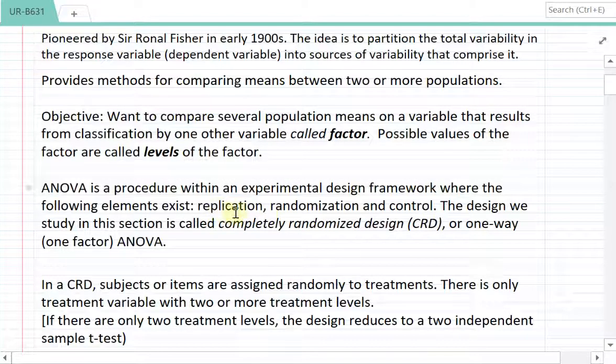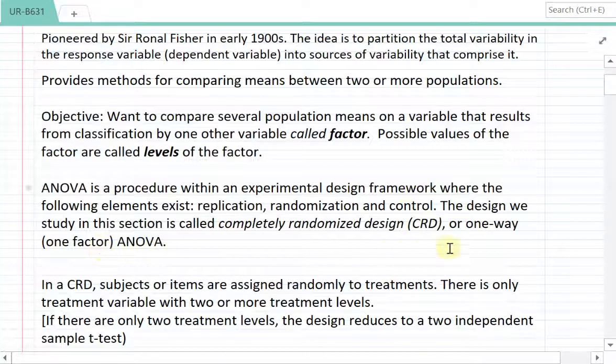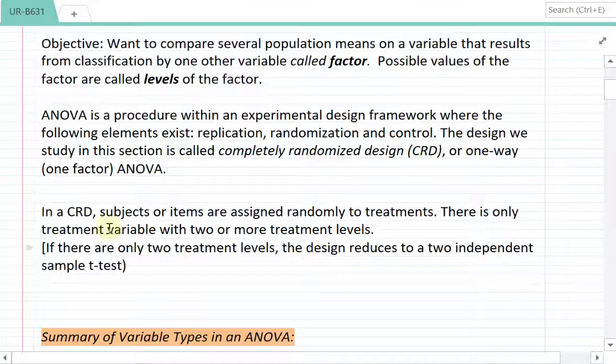That is, there is replication, randomization, and often there's a control also. Now the simplest form of ANOVA, by the way, is the one that we're looking at. It's called a one-factor or one-way ANOVA. And within the context of statistical design, this is known as a CRD, or a completely randomized design.